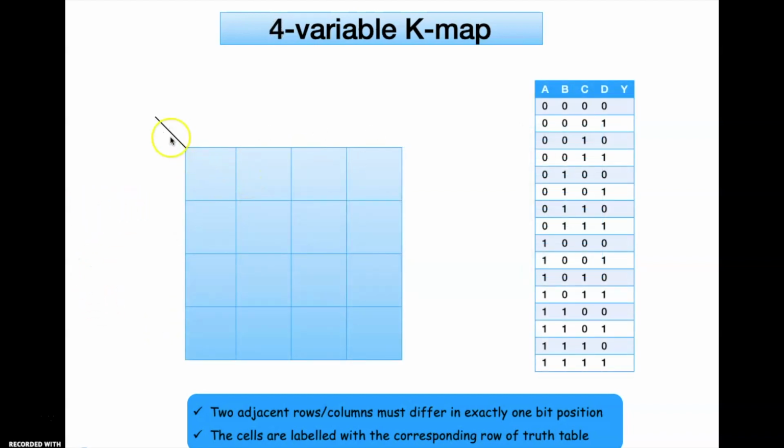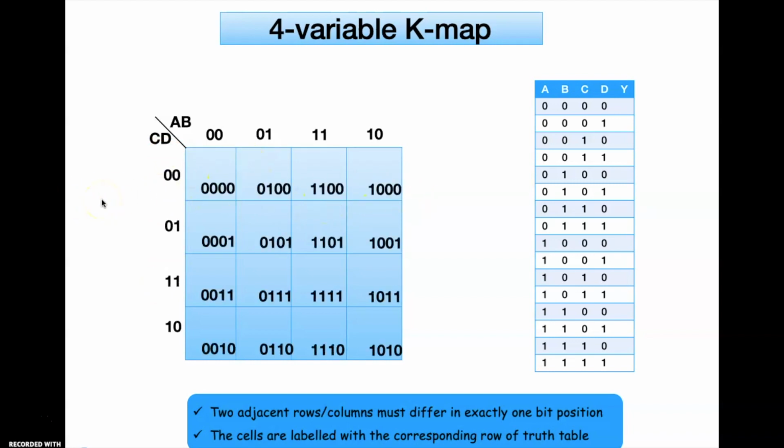In a 4 variable KMap, AB can be placed to represent the columns, CD can be placed here to represent the rows. Thus, AB will have values like this, CD will have values like this. So this cell is labeled as 0, 0, 0, 0 or 0. This cell is labeled as 0, 0, 0, 1 or 1.